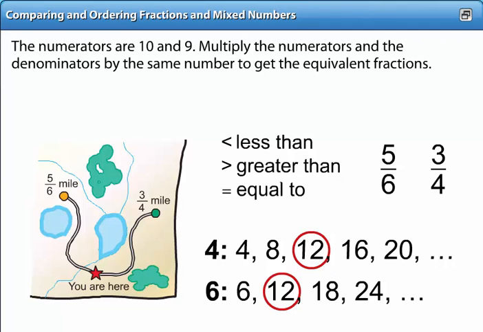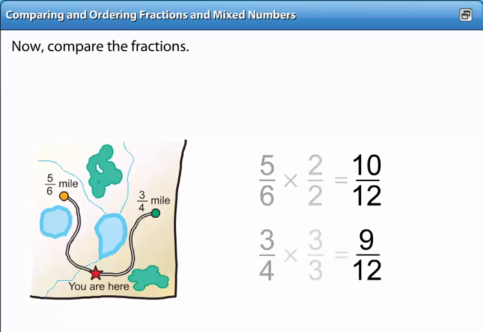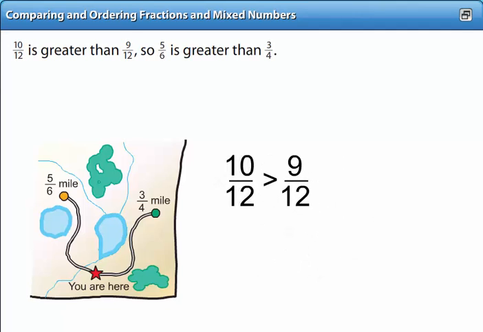The numerators are 10 and 9. Multiply the numerators and the denominators by the same number to get the equivalent fractions. Now, compare the fractions. 10/12 is greater than 9/12, so 5/6 is greater than 3/4.